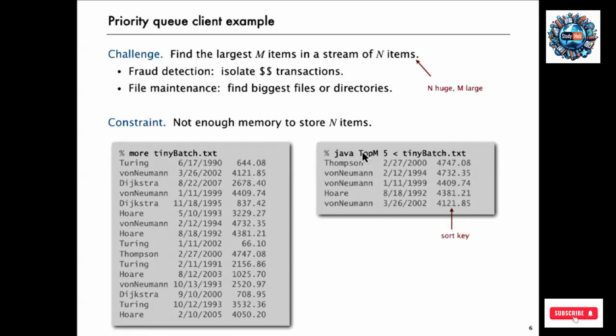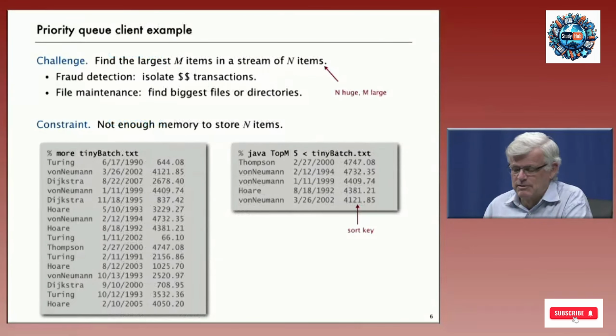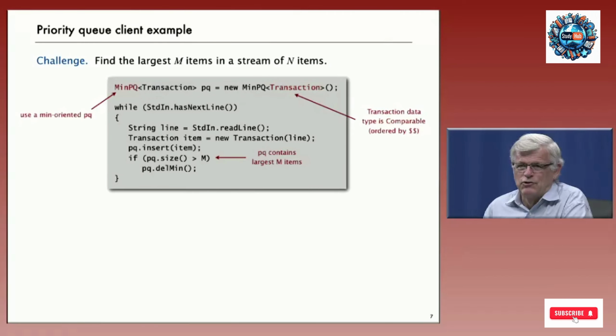So we're going to look at a client program called TopM that takes a command line argument, how many, in this case 5, and then it's going to take from standard input the transactions, and it'll print out the top 5. That's a canonical example of a priority queue client. We need to design a program that can do that. With the priority queue abstraction, that's not too difficult to do.